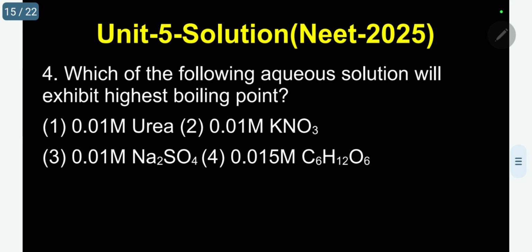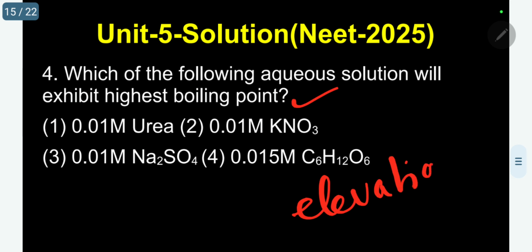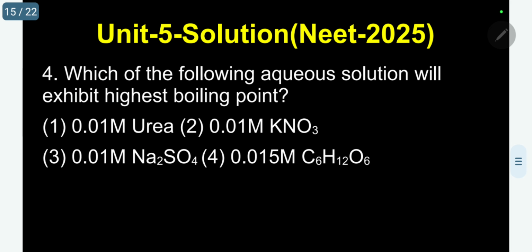Which of the following aqueous solutions will exhibit the highest boiling point? So this comes under elevation of boiling point. Please follow, my dear students. Under the elevation of boiling point, the basic formula is that the elevation of boiling point, delta T, is directly proportional to the molality of the solution.